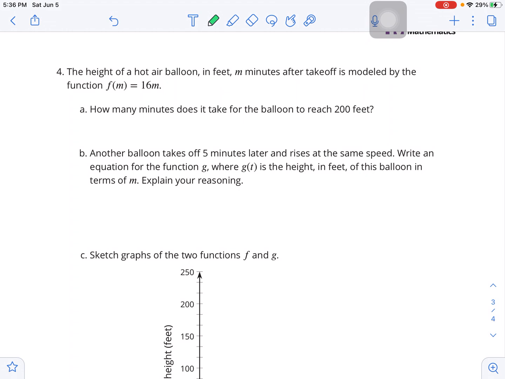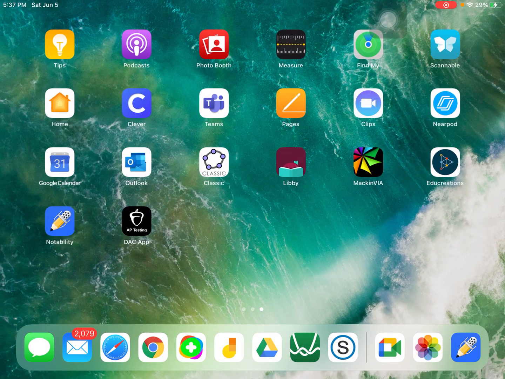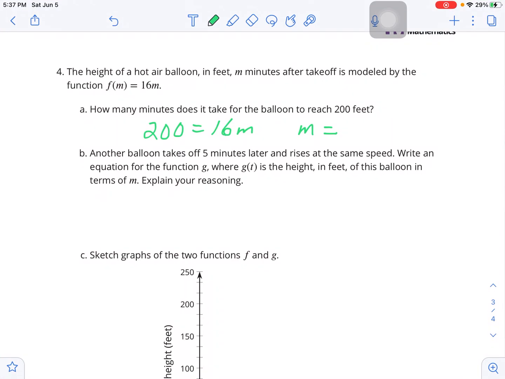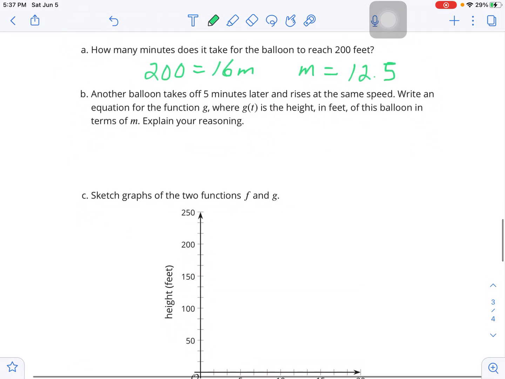So, let's see, we would have 200 equal to 16m, and so m would be 200 divided by 16, which is 12.5, I think. Yeah, 12.5 minutes. The hot air balloon would be 200 feet high.